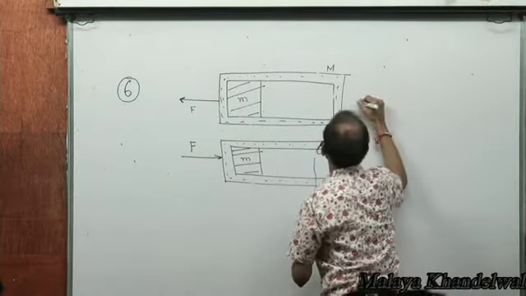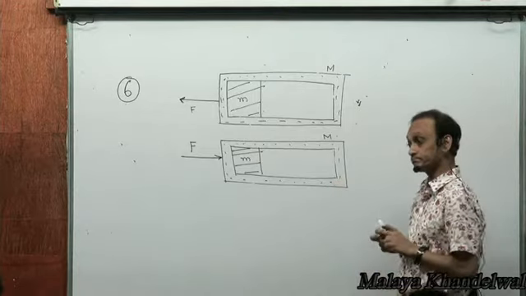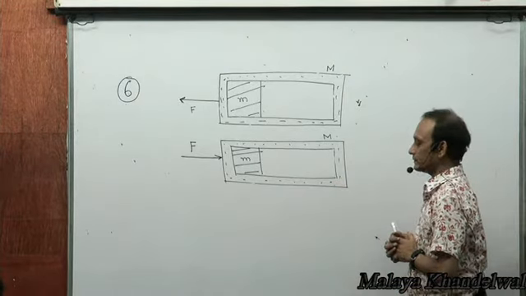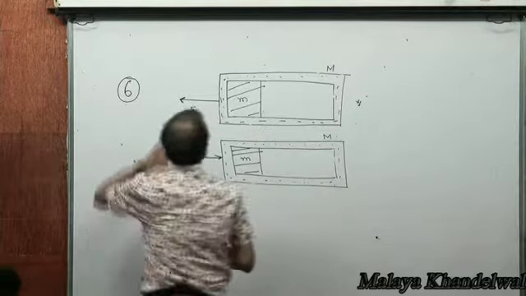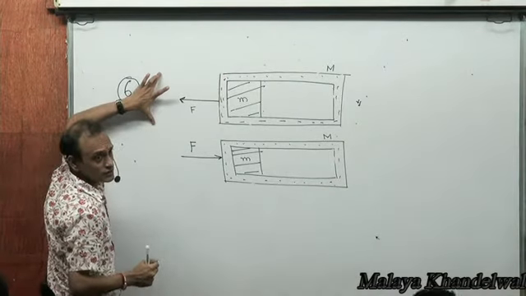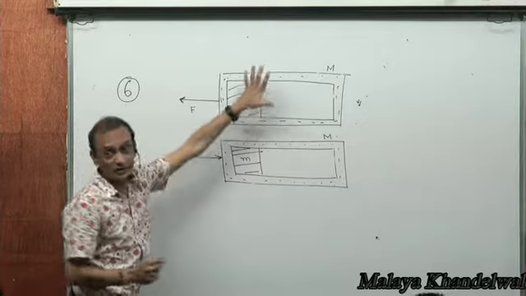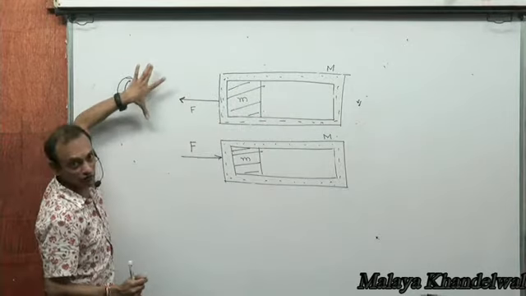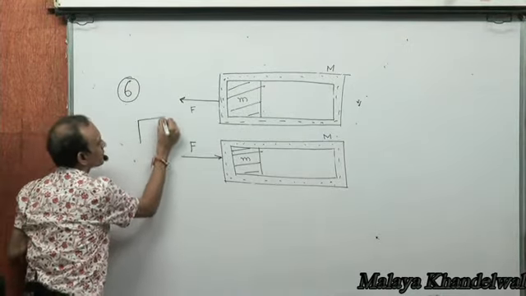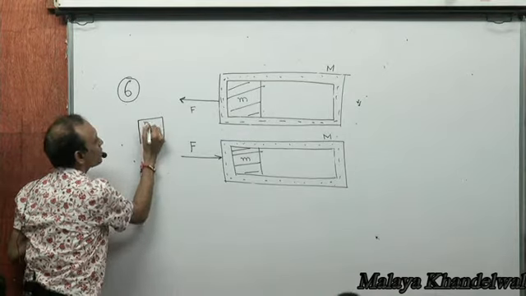This case first. Let me look at this case first. See, capital M would want to move like this, right? And everything is smooth here. Now look at small m.